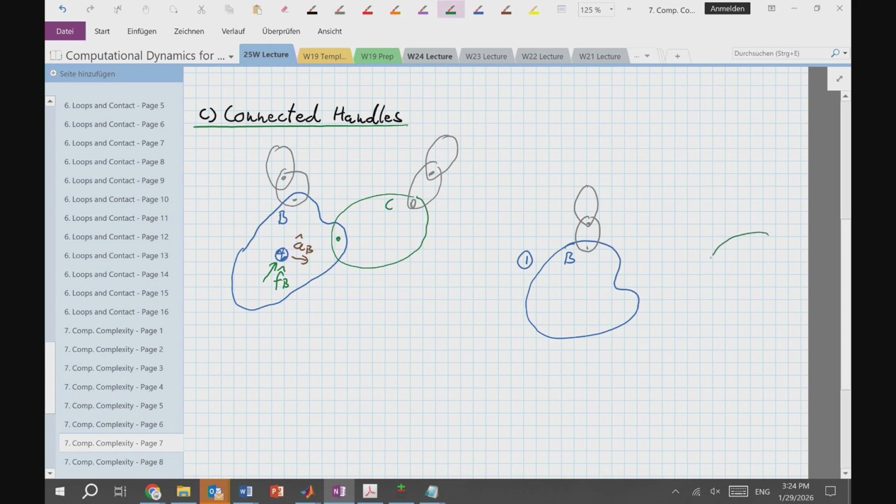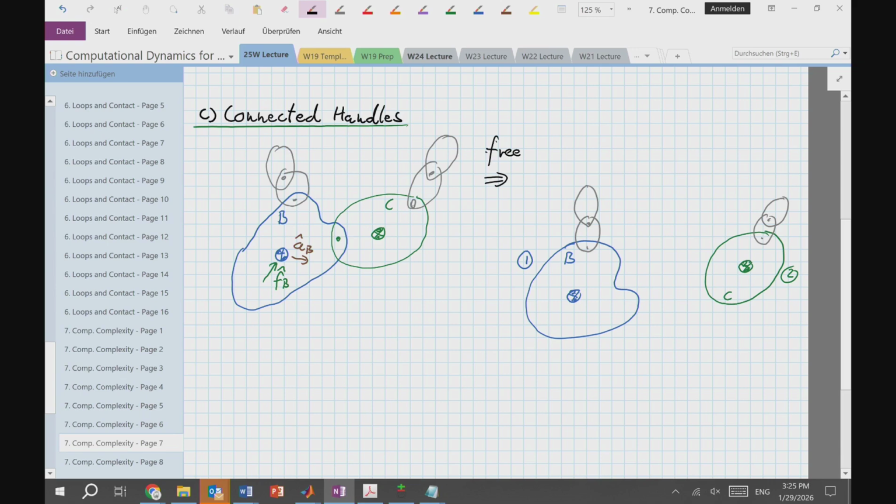And then I have an articulated body 2 with handle C, which is the green guy with the stuff attached to it. Here's the center of mass of body C. Here's the center of mass of body B. And this transition from left image to right image, you can think of in the classical sense as a free body diagram.